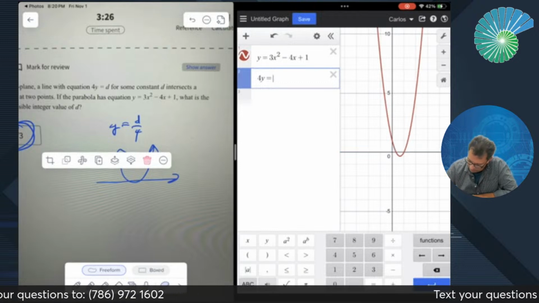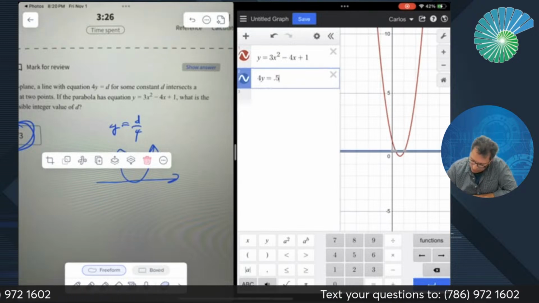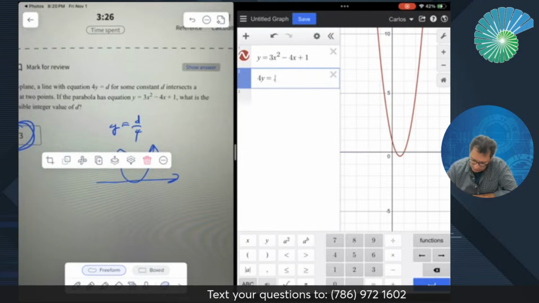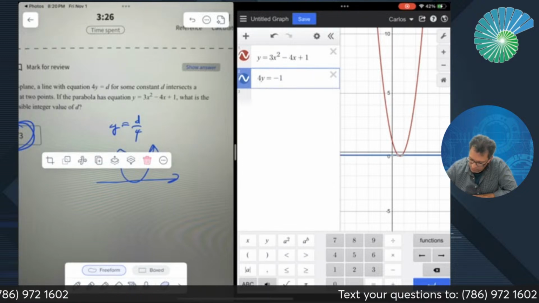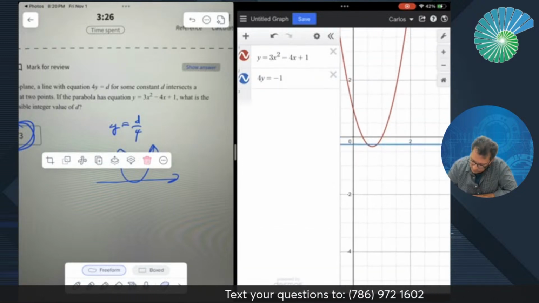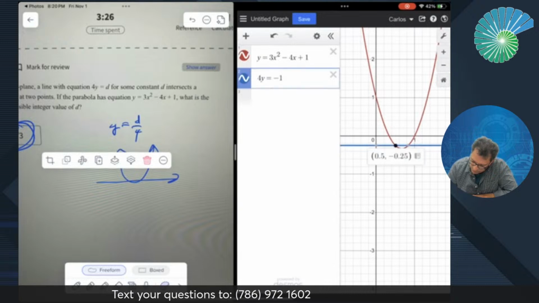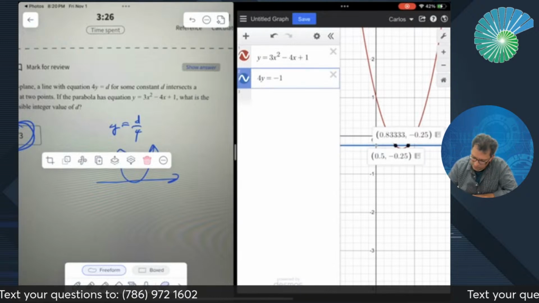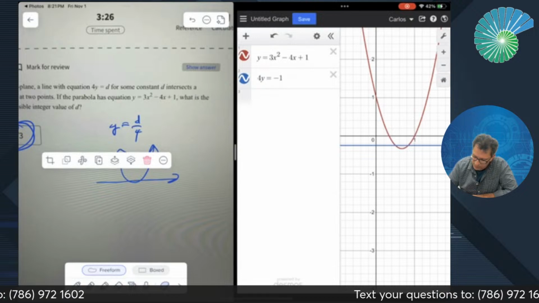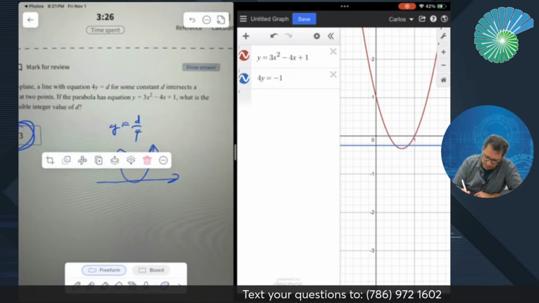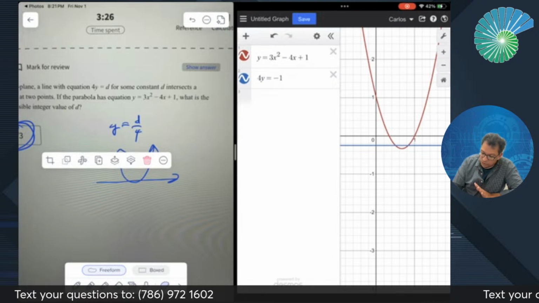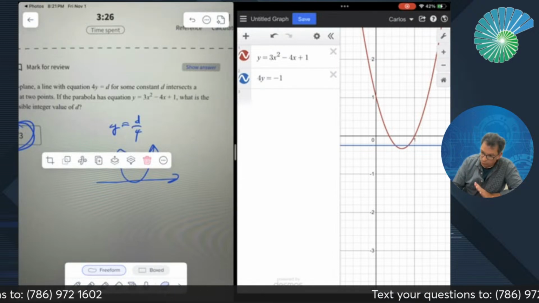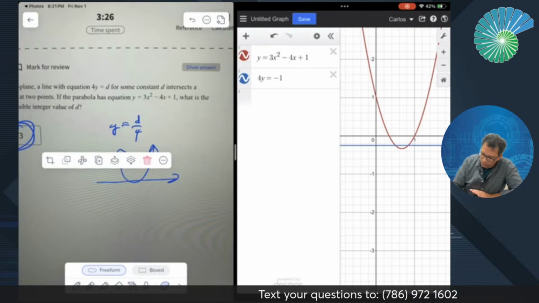So maybe I can do, let's say 0.5. Maybe I can do -1. You see, if I do -1, I'm still touching it twice. Now, if I keep doing that, eventually that line is going to pass through the vertex. When it reaches the vertex, it will not touch the parabola twice, it will touch the parabola only once.